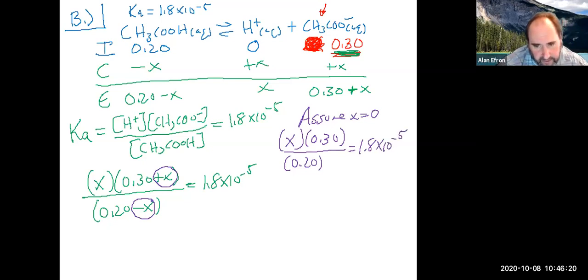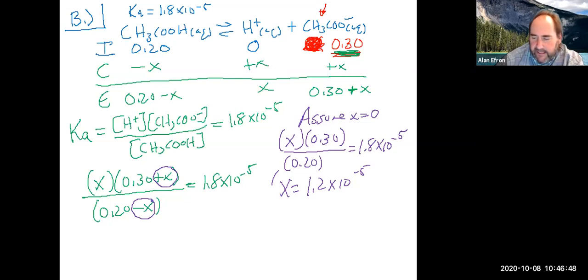We're going to multiply the 0.2 to the other side and also divide by the 0.3. So 0.2 times 1.8 times 10 to the minus 5 divided by 0.3 gives us something like 1.2 times 10 to the minus 5 on the x. x is equal to 1.2 times 10 to the minus 5.